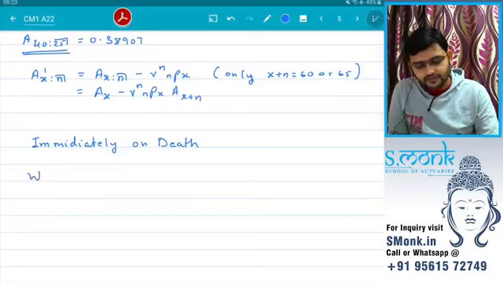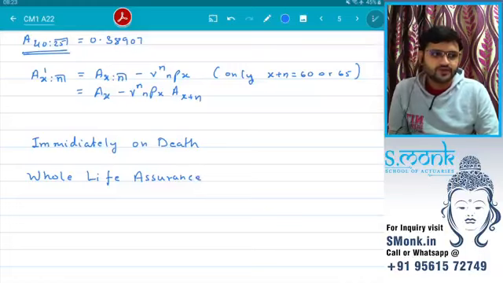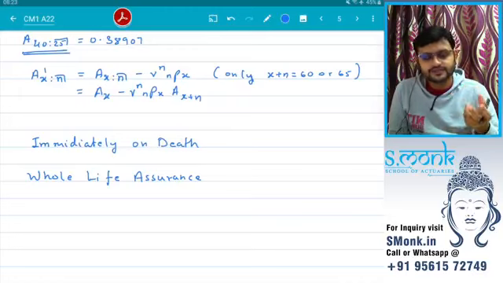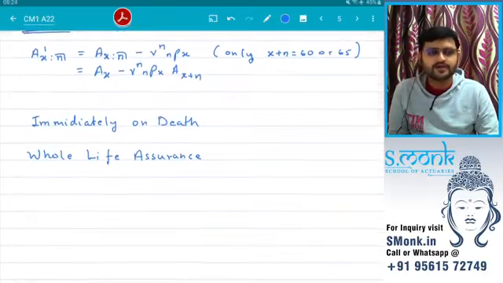So for that we will calculate whole life assurance. I will not write the definition because the only change in the definition is that instead of at the end of the year of death, the term becomes immediately on death. So the benefit is given immediately on death.